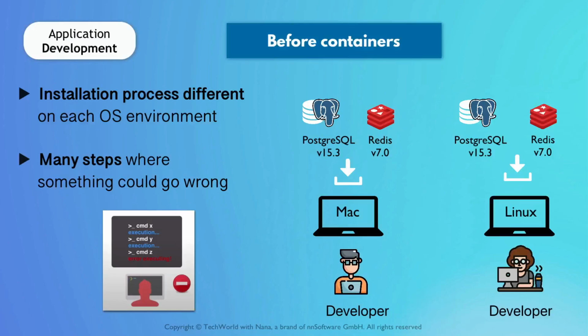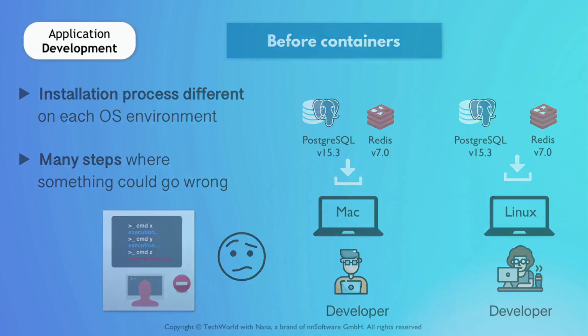And this process of setting up a new environment can be pretty tedious depending on how complex your application is. For example, if you have 10 services that your application is using, then you would have to do that 10 times on each operating system environment. So now let's see how containers solve some of these problems.